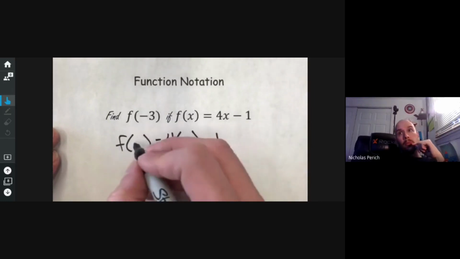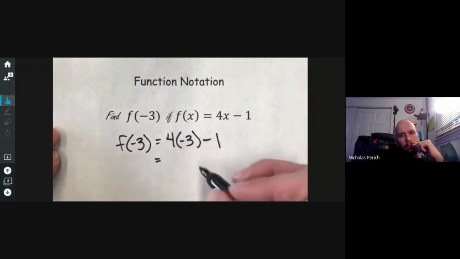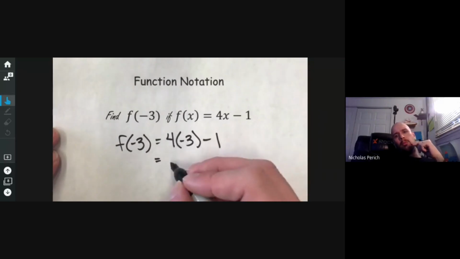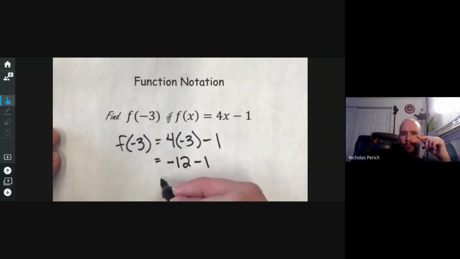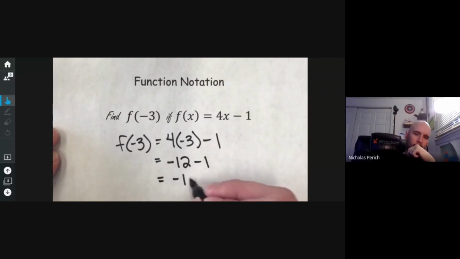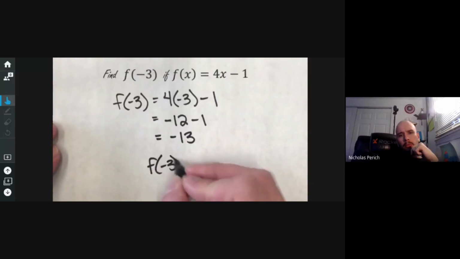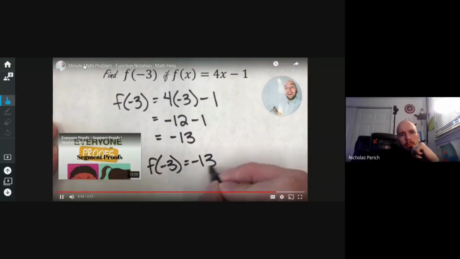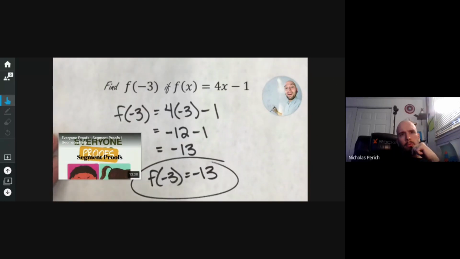So here are the bubbles. Now what I do is just do the math. 4 times negative 3 is negative 12. Negative 12 minus 1 is negative 13. So I can say f of negative 3 is negative 13. That's it. Remember, f of x is the same as y, and so treat it as such.